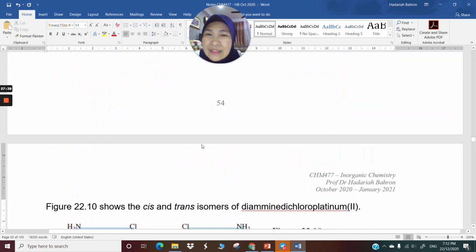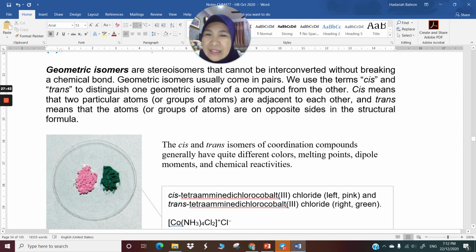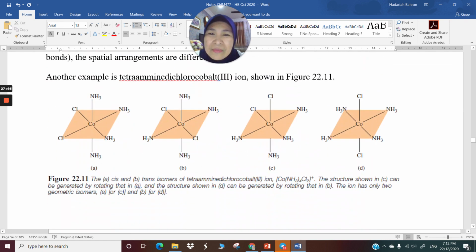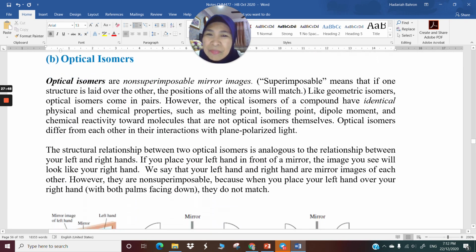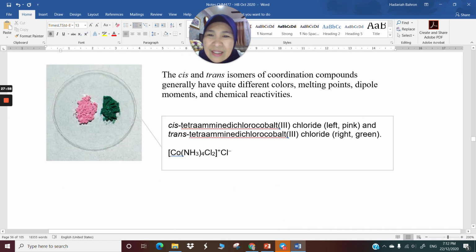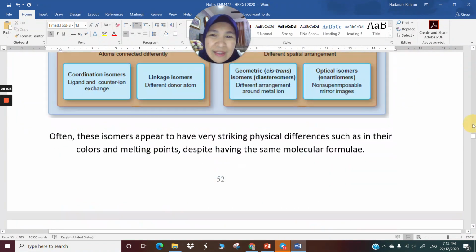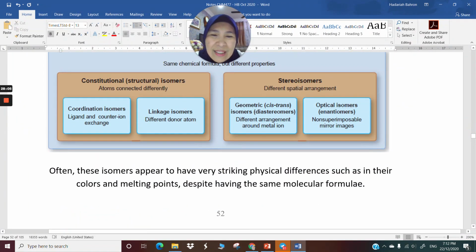So that is the explanation about geometric isomers. Now I'm leaving the most fascinating isomer to the last, which is called the optical isomers. If I go back, way back, here I've explained to you coordination isomers, linkage isomers, geometric isomers, and optical isomers.